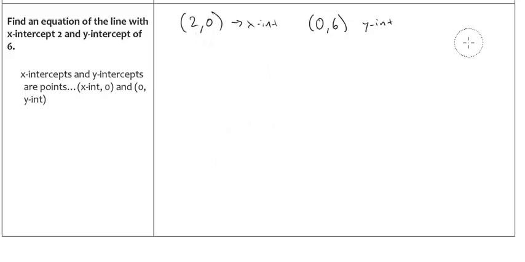And so I'm going to go through looking at two different ways to answer this question. We'll go with changing it into slope-intercept form because that's the one that you're typically going to use in this case.